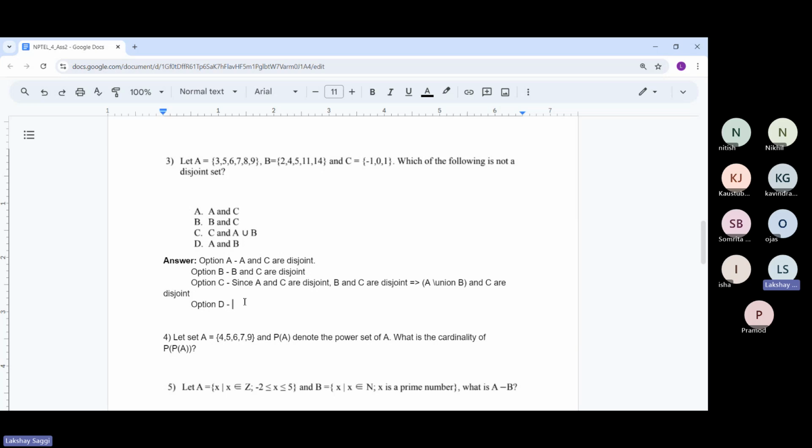I'm claiming that, since C is common here, we can directly say that A and B are disjoint. So is this true?